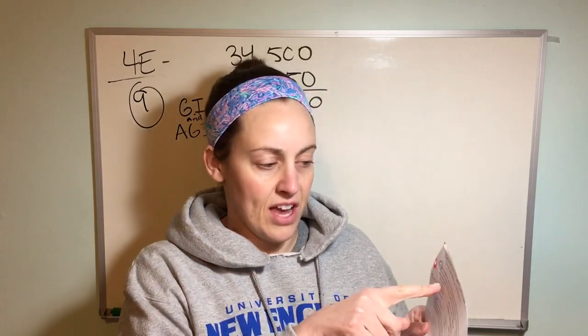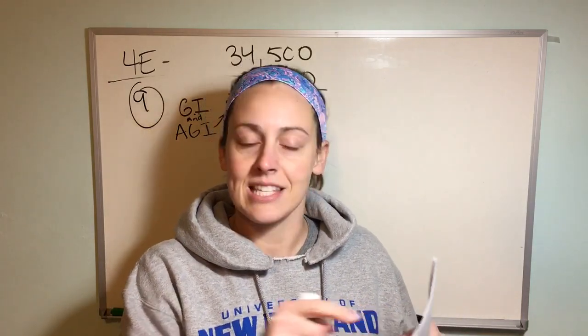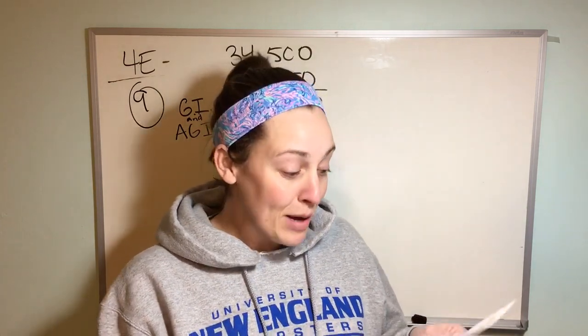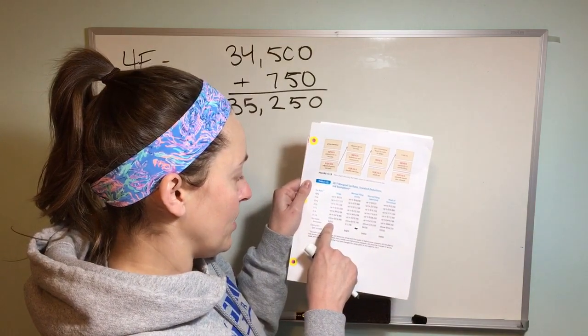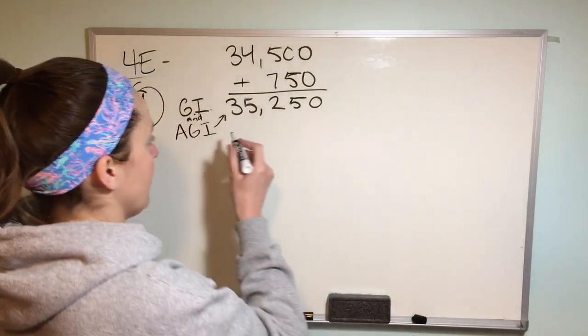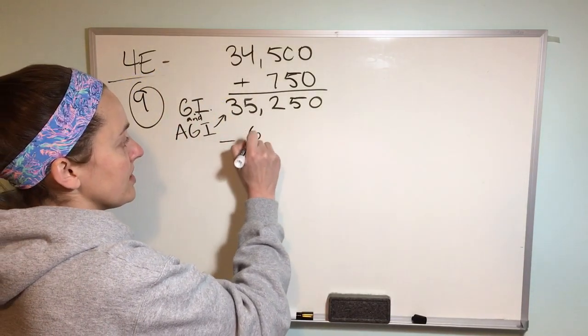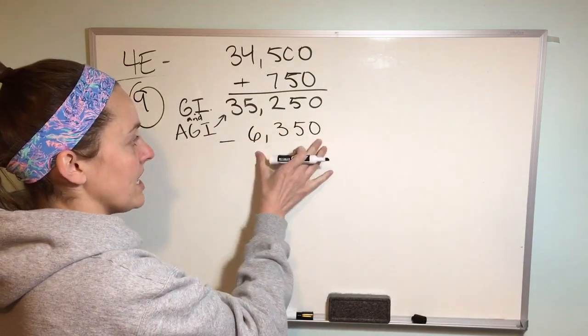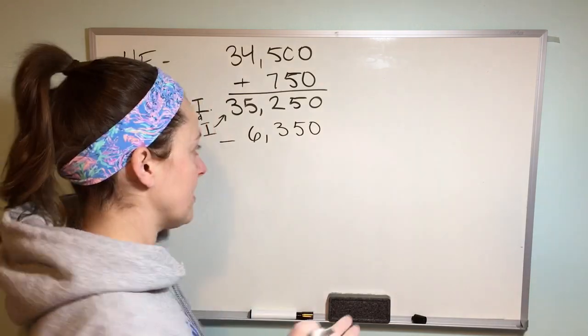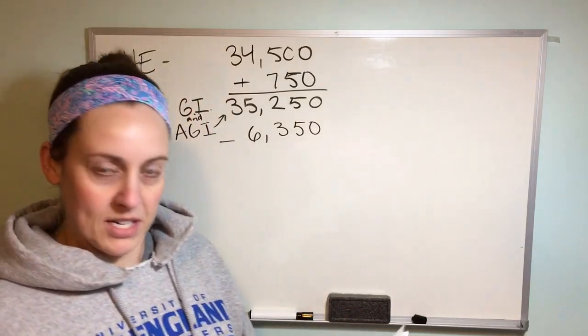Okay, then they don't really specify it in this one. Well, yeah, they kind of do at the end. They say, assume Carla takes the standard deduction. So remember, going back to this sheet, the standard deduction for a person is right here, $6,350. So we'll subtract that, because that is money that she does not have to pay taxes on. What else does she not have to pay taxes on?